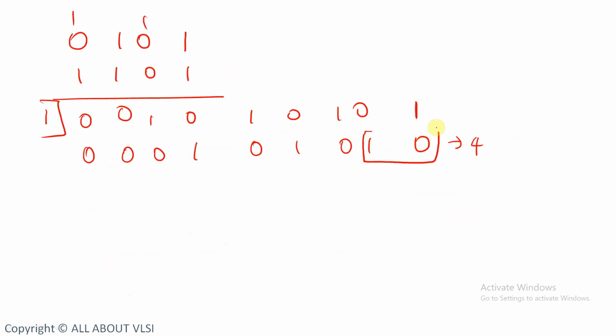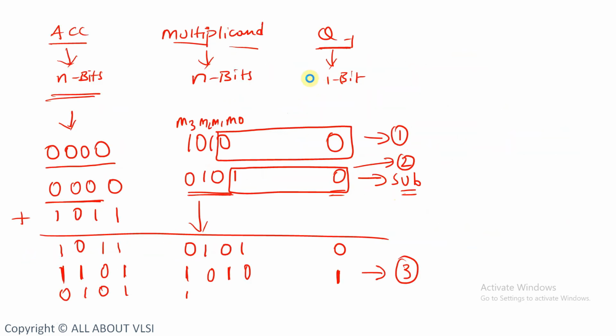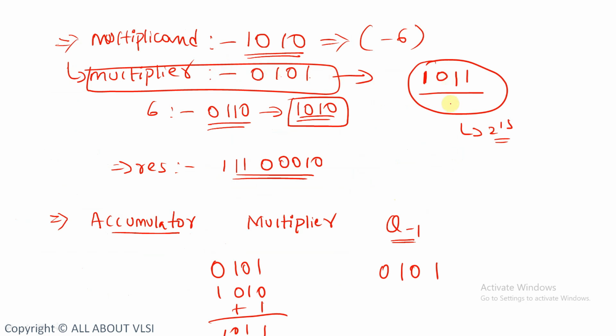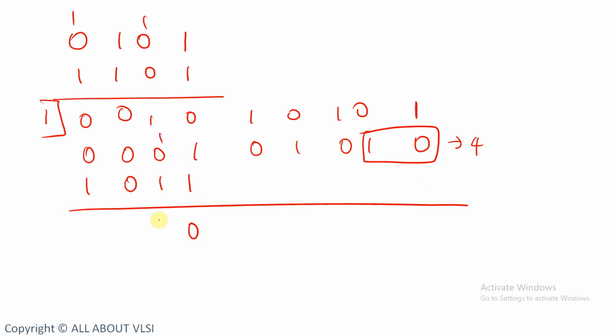So 1 0. So 1 0 means which operation? Subtraction operation. So again we are going to consider this 1 0 1 1. So if we are going to add them, 1 1 0 1 1 1 0 1 1 1 0 1. Sorry, here it is 1, right? Here it is 1.